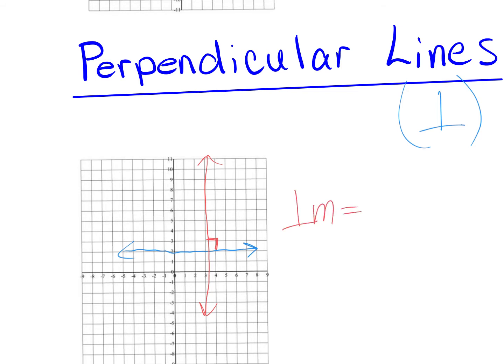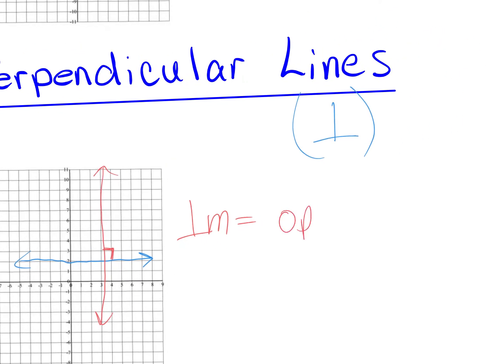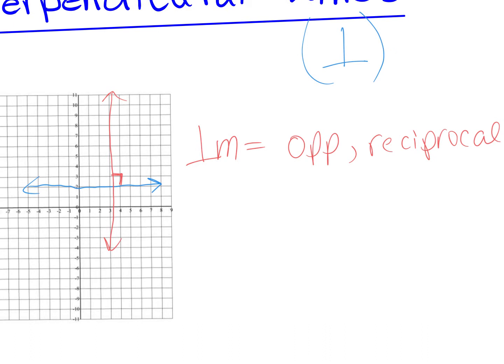Does anybody know anything about perpendicular slopes algebraically? It's the opposite reciprocal. What does that mean? What's reciprocal? Okay, say we have a slope that is 2/3, and I want the perpendicular slope.